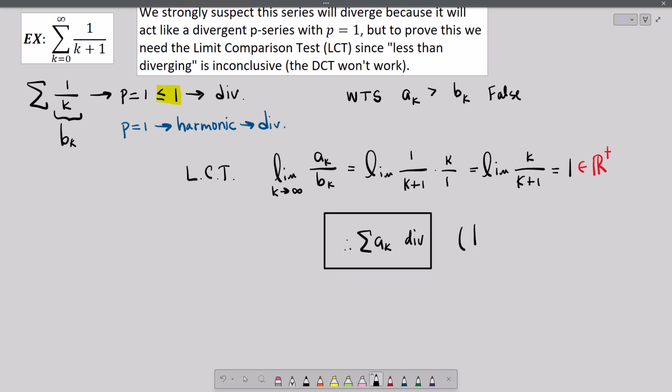Or you could say both series diverge. You could say either one of these two things. The B sub k series diverges. This is a positive real. So the A sub k series must diverge also. They do the same thing.